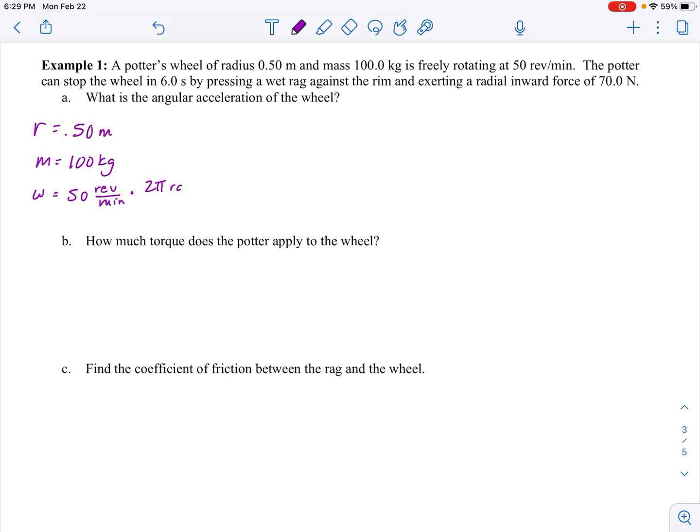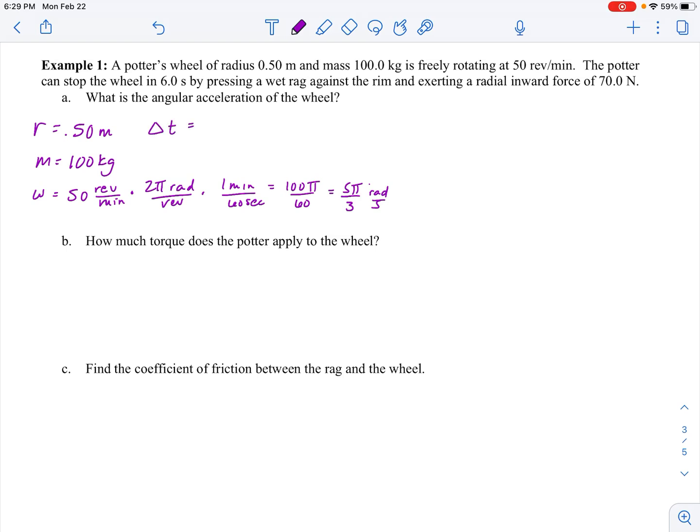If I multiply by 2 pi radians per revolution and by 1 minute per 60 seconds, I would be able to convert this. Let's see, it'd be 100 pi over 60, or 5 pi over 3 radians per second.